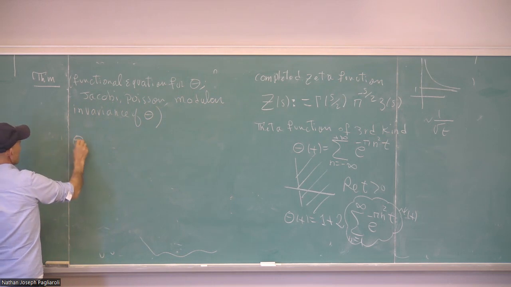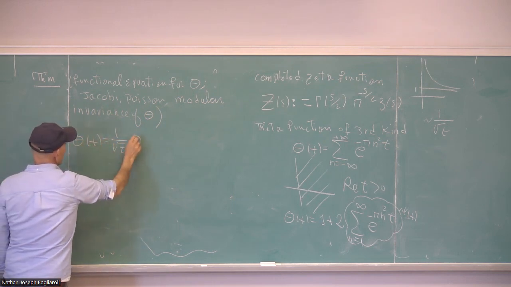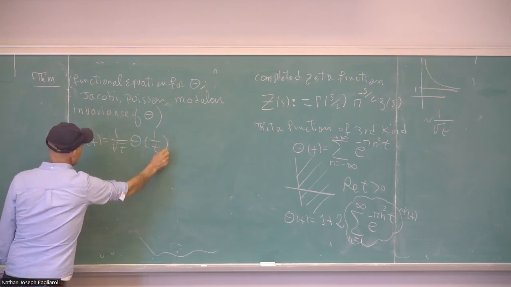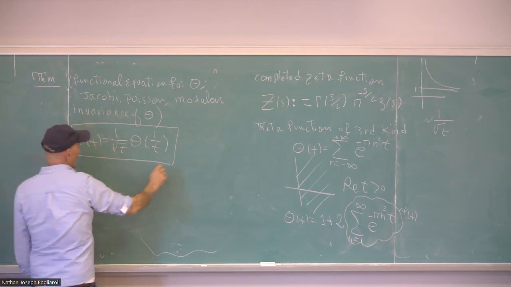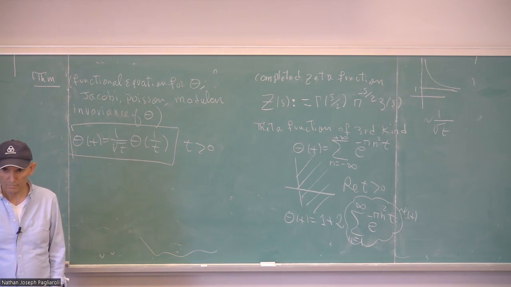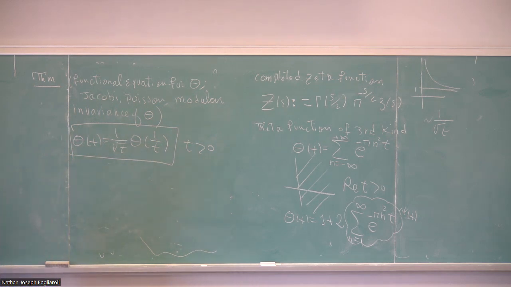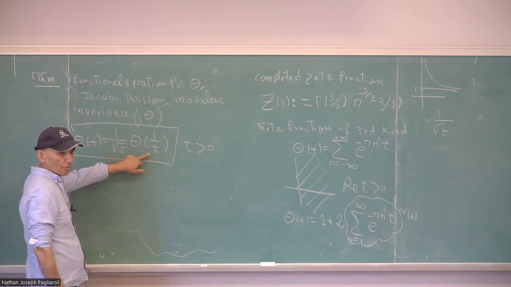It says that theta of t is equal to 1 over root t, theta of 1 over t, for t positive.